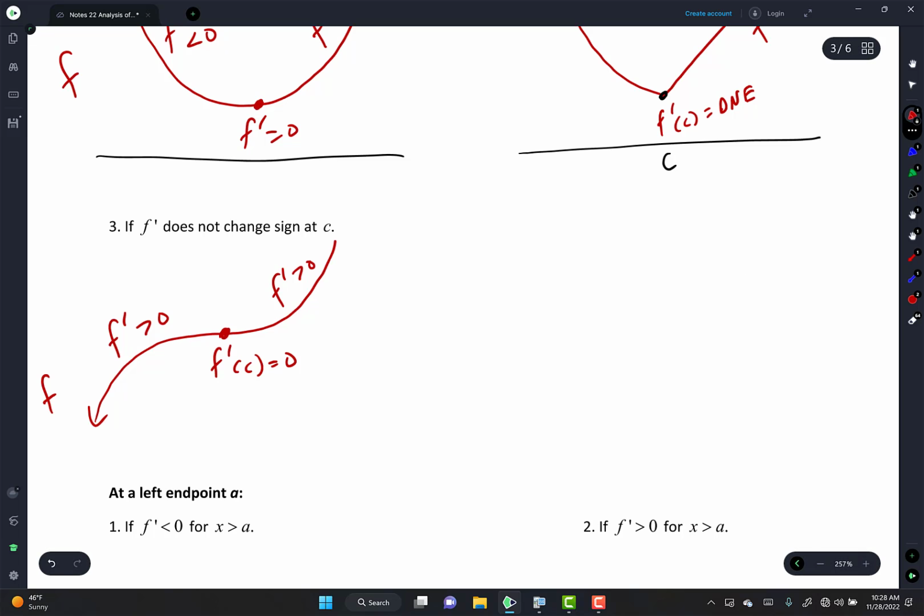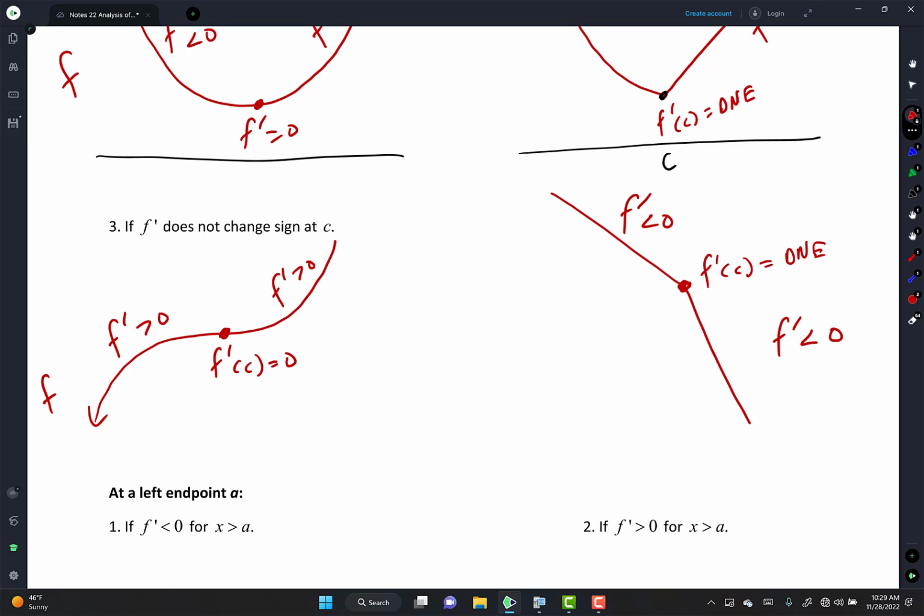Let's do a min. See, you don't change signs. This one's going down. Oh, sorry. It's not a max or a min. It just wanted something that did not change signs. I know on the others I've kept them the same pattern.